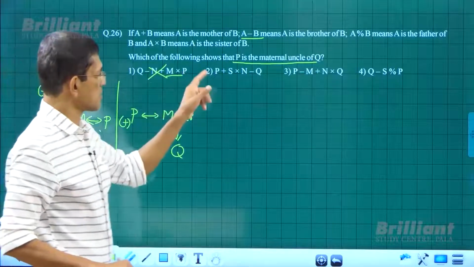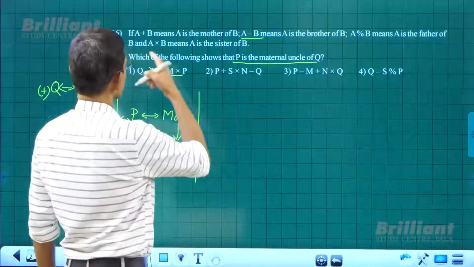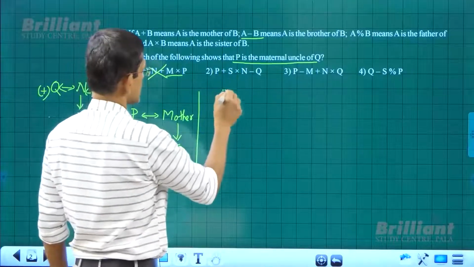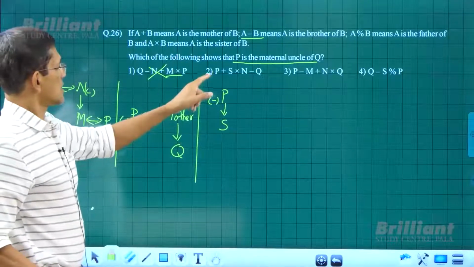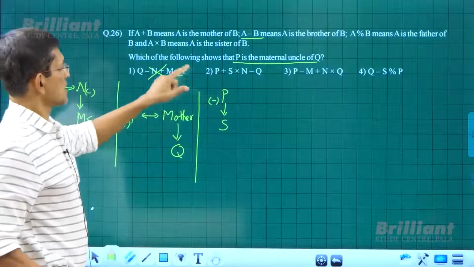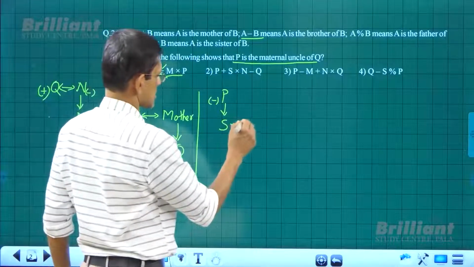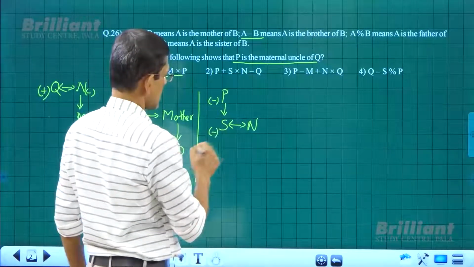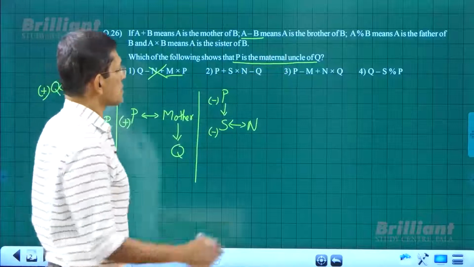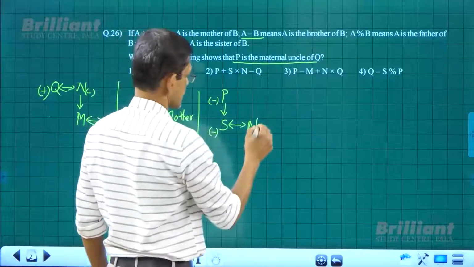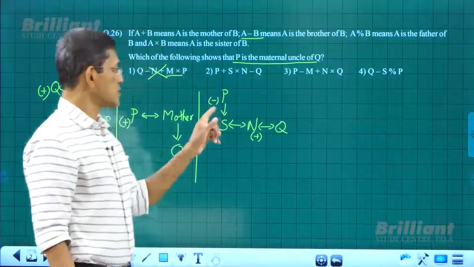How about the second one? P plus S into N minus Q. P plus S: A is the mother of B, so P is the mother of S. Then S into N means S is the sister of N. Now what we are looking for is Q. N minus Q means N is the brother of Q. Now P is a female.